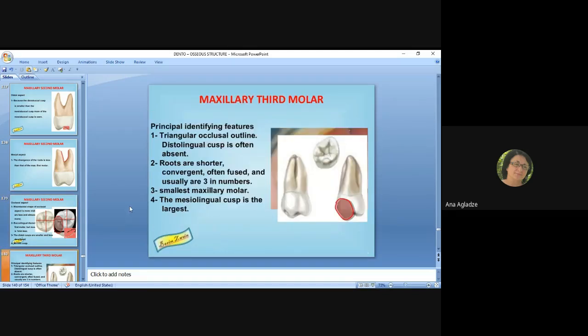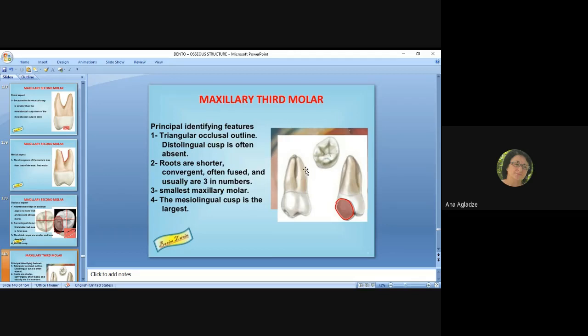And there is also the maxillary third molar, and its principal identifying features are a triangular occlusal outline, and the distolingual cusp is often absent.